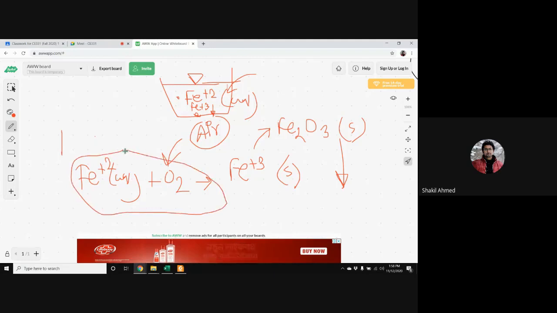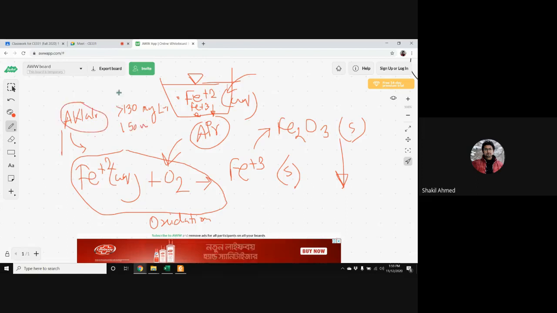But for this oxidation to be effective, the alkalinity of this water has to be greater than 130 milligram per liter at least, or 150 milligram per liter.